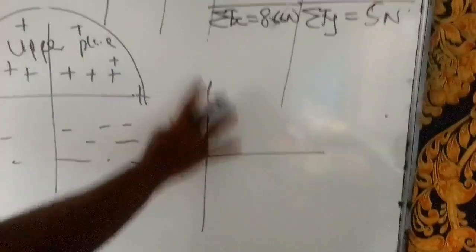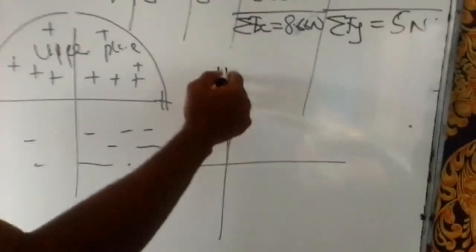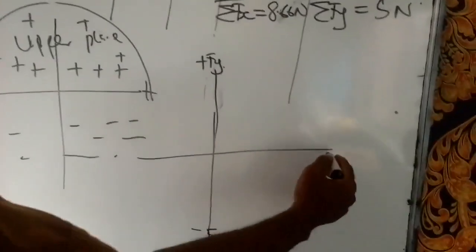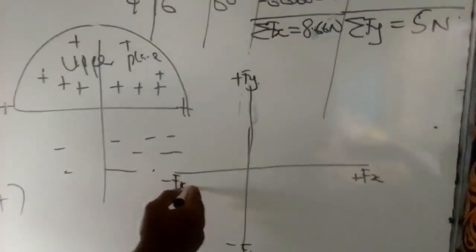Having done that, we now draw our plane here. This is our positive y-axis, Fy, negative y-axis, positive s-axis, negative s-axis.